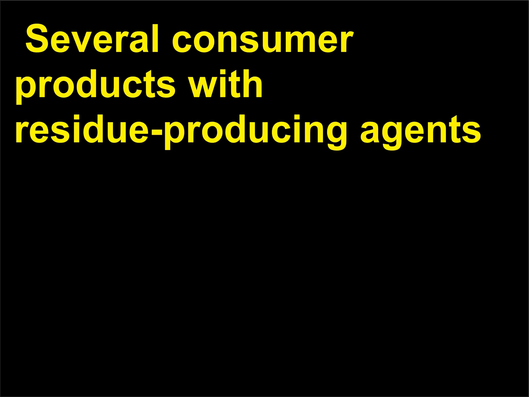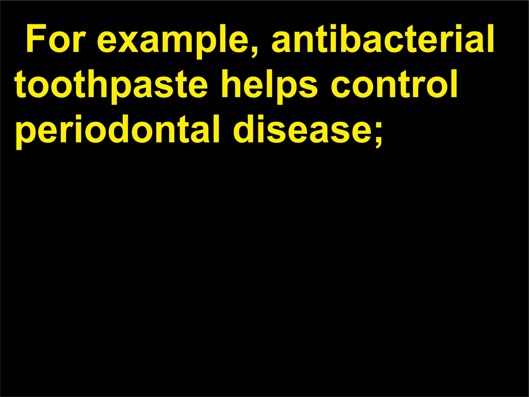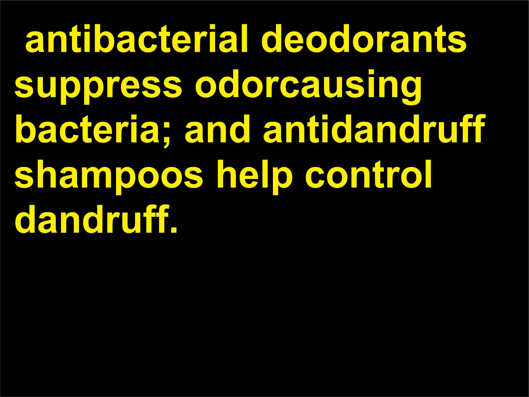Several consumer products with residue-producing agents have proved to be effective for specific conditions. For example, antibacterial toothpaste helps control periodontal disease. Antibacterial deodorants suppress odor-causing bacteria, and anti-dandruff shampoos help control dandruff.